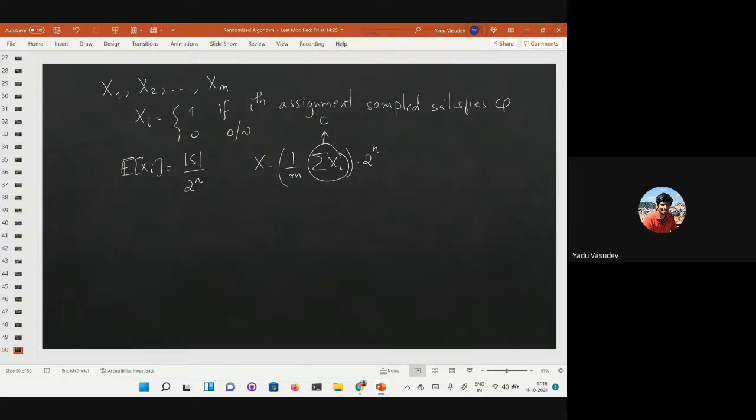And therefore the expectation of x is 2 power n times 1 over m summation of expectation of xi, where each xi has expectation cardinality S over 2 power n, and therefore this is cardinality S. So when is this a good estimate? Is this algorithm good? Is this an FPRAS in the way that you want?